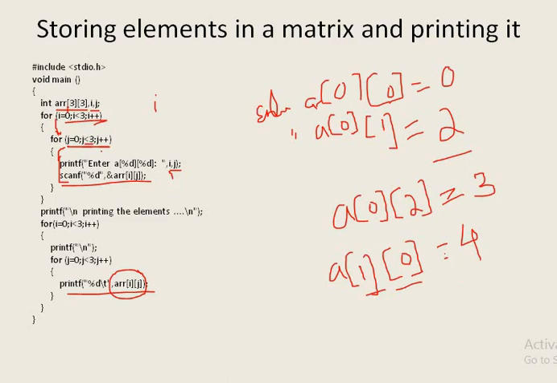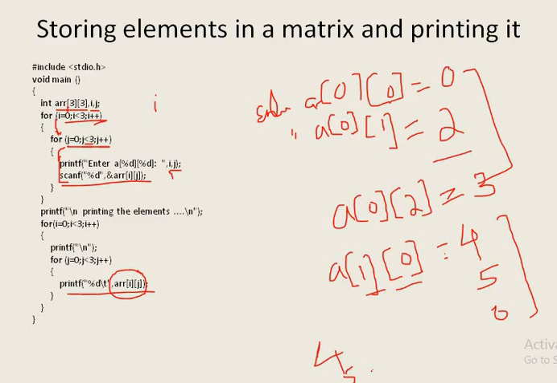So this step will be continued until all the elements in this array are input. Here you have input the first row elements. Now you have to execute the same statements similarly for the next 3 elements in the second row. Again one more time this for loop will be executed, and the third row elements can be given in order.